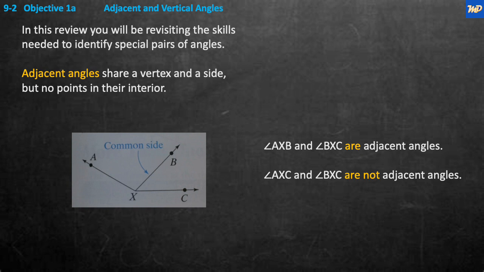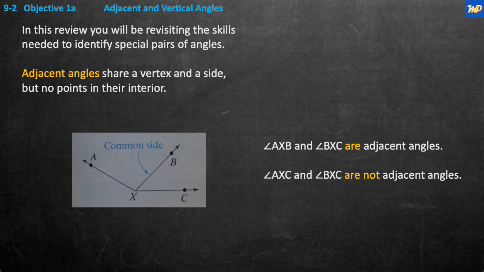Objective 1A, adjacent and vertical angles. In this review, you'll be revisiting the skills needed to identify special pairs of angles. Adjacent angles share a vertex and a side, but no points in their interior. So here we see angles AXB and BXC.